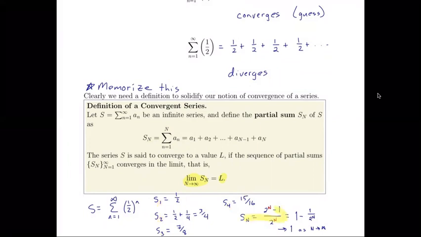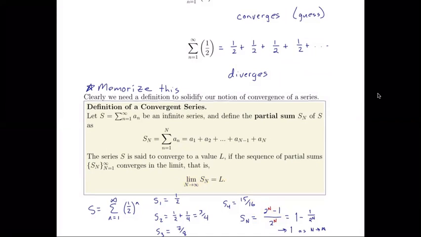We established that S sub capital N has this general rule to it. So the sequence of partial sums is a sequence following this rule right here. And we took its limit as n goes to infinity, and that limit turned out to be 1. So the limit of that series is 1. So that's our definition of convergence.